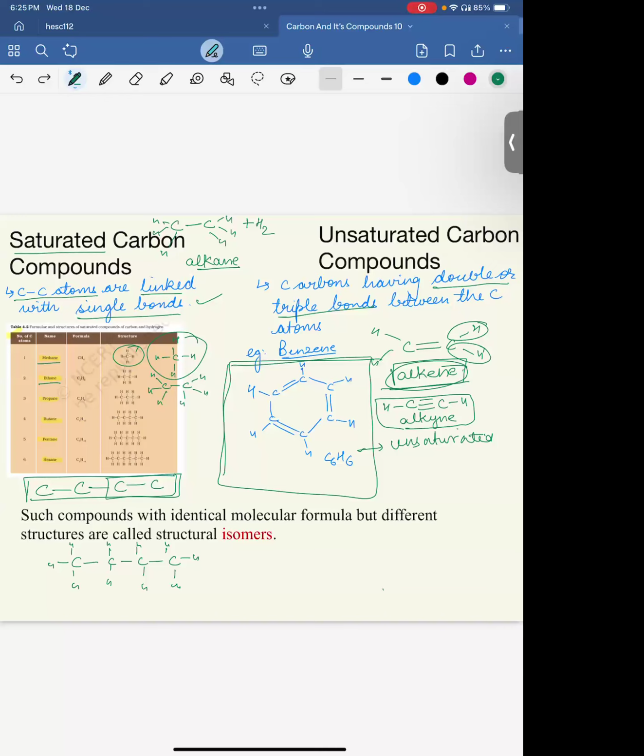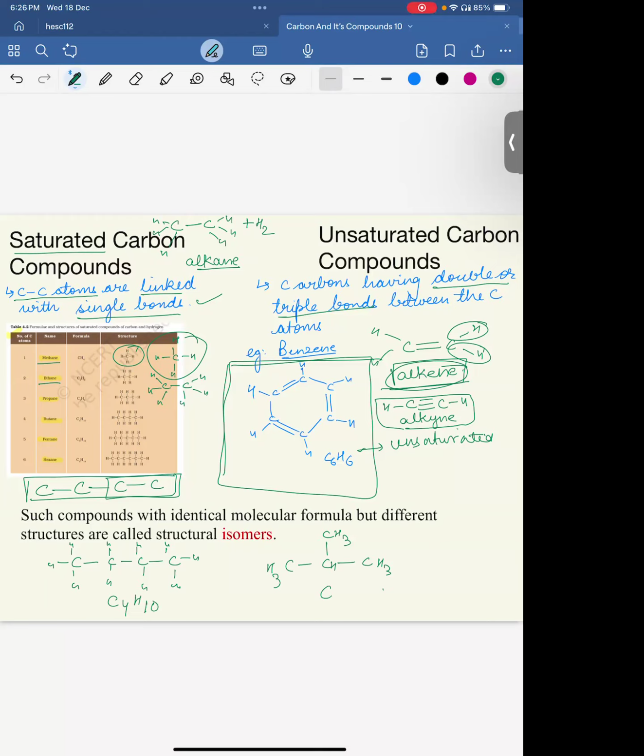No, ma'am. There's another way also, like this. And then we'll put hydrogen. But when we calculate the formula, what will it come out to? C4, H10.